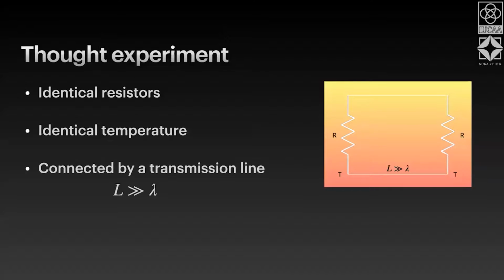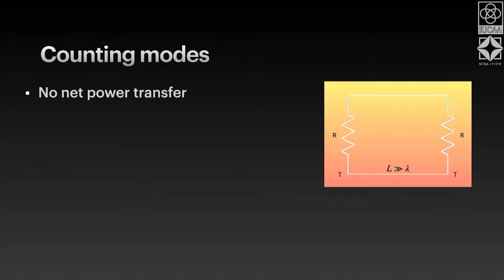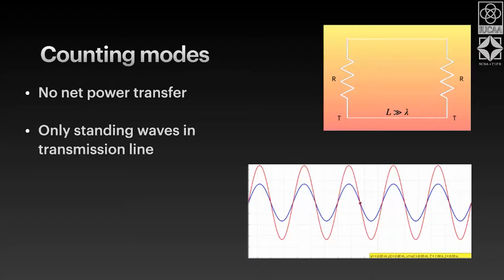And here they're connected by a transmission line of length much greater than the wavelength of interest to us. So we are measuring essentially the power distribution in a particular frequency band. Again, at equilibrium, there will be no net power transfer.